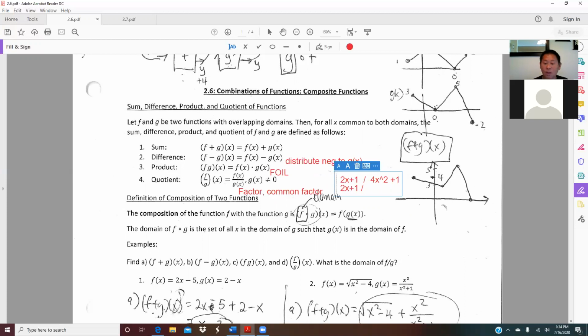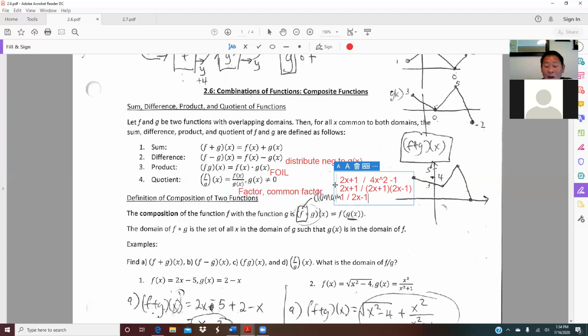But 4x squared, not plus 1, 4x squared minus 1, sorry, you can actually factor it to become (2x + 1)(2x - 1). Now you can cancel the 2x plus 1, and you get 1 over 2x minus 1. So this is the correct way to do this.